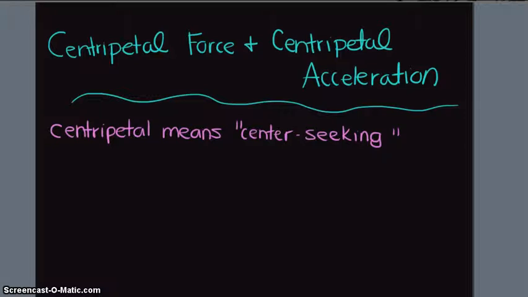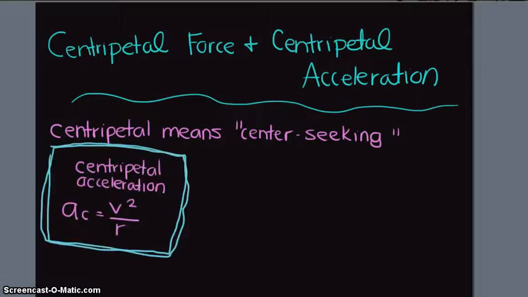We noticed that when objects are moving in a circle at a constant speed, the acceleration vector is always towards the center of the circle. This word centripetal means center seeking. In the last video, if you missed that, you can go back and check it out for how we derived this expression for centripetal acceleration, where this v squared over r comes from.